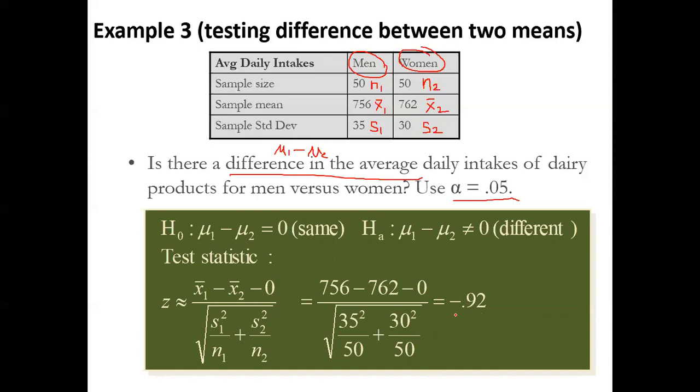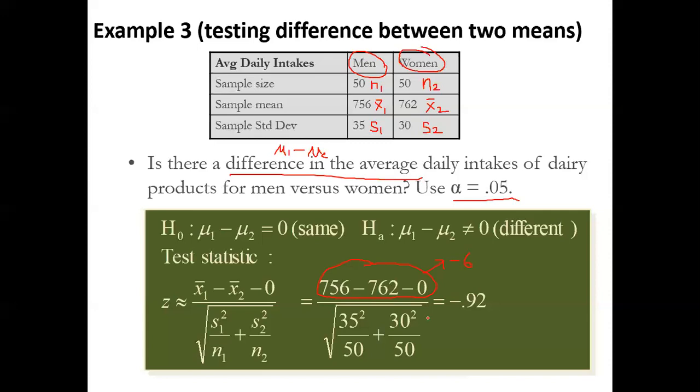So how do we get negative 0.92? First, you need to calculate the above value: 756 minus 762 minus 0, then you will get negative 6.